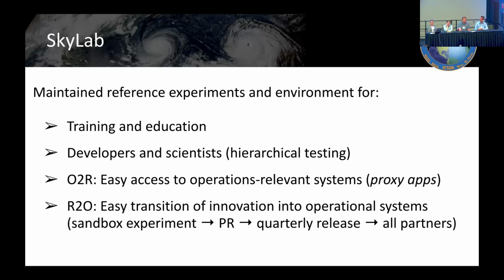The goal there, as Guillaume was talking about with the last mile, is that we don't necessarily want to do the last mile in these proxy apps, all the downstream product generation that an operational system might have. But hopefully something that's close enough to be relevant for you, like a reasonable set of observation YAMLs that's representative of your configuration.